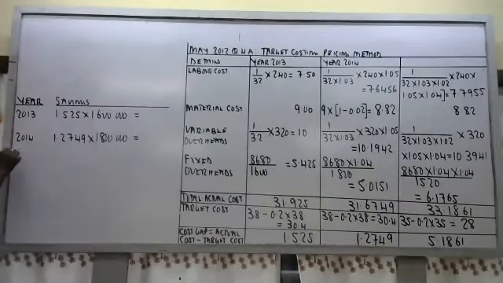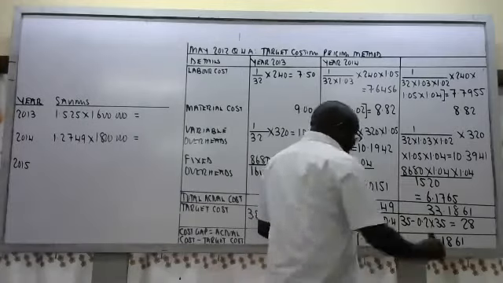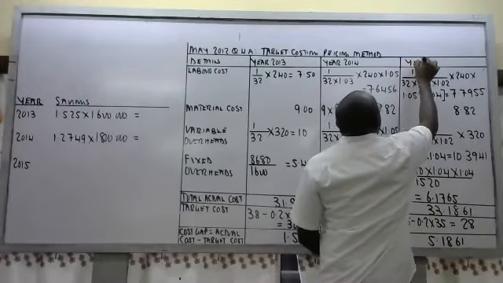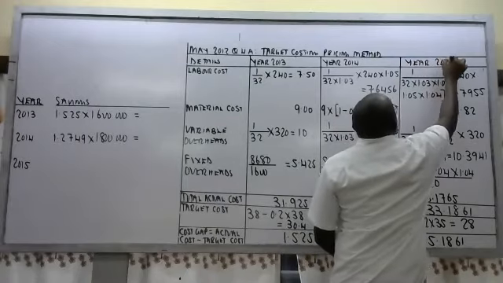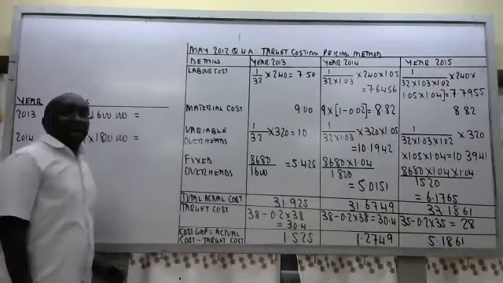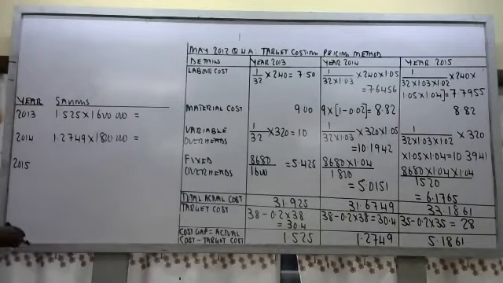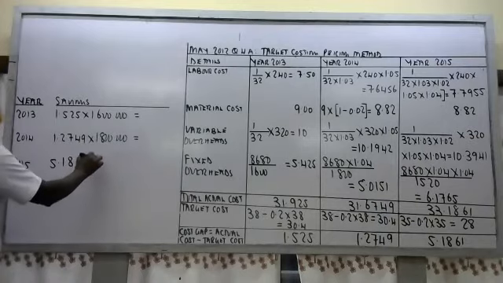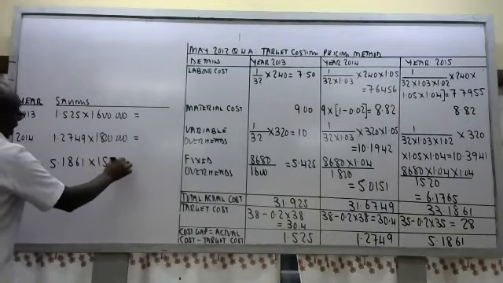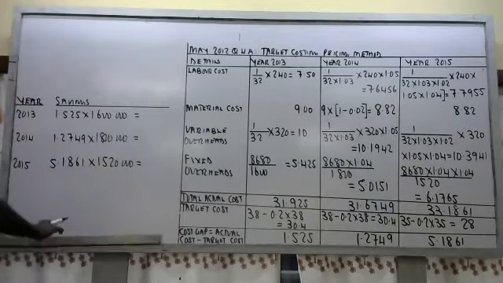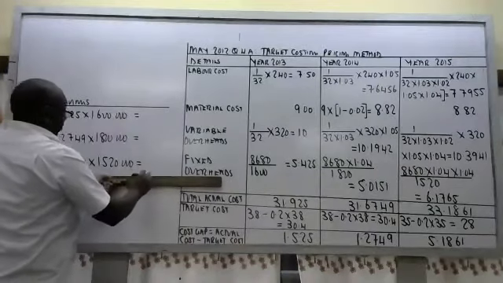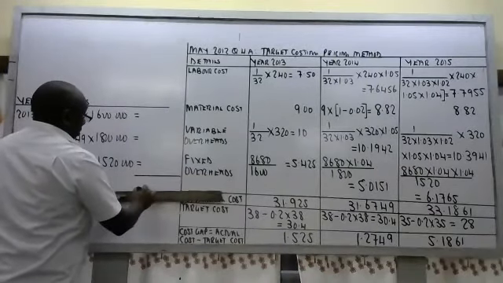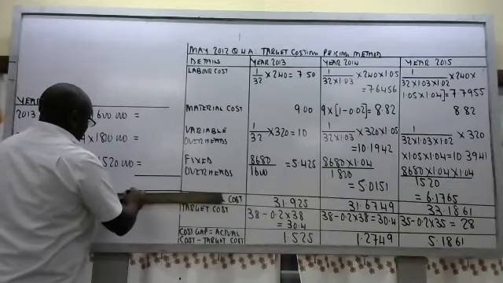And the year 2015, remember this was the year 2015, I forgot to write it. So in the year 2015, it is 5.1861. You multiply by 1,520,000. So do that and give me the total savings.